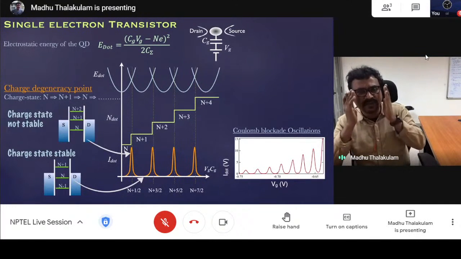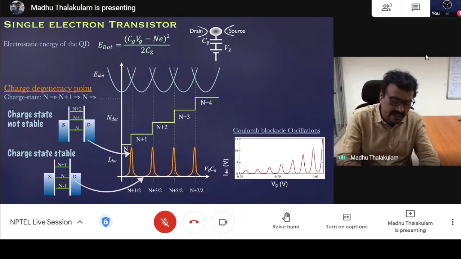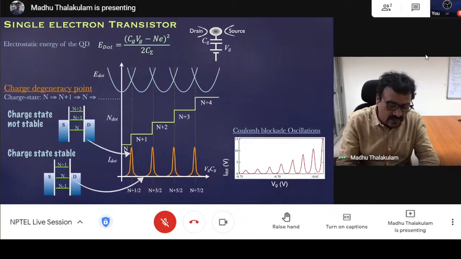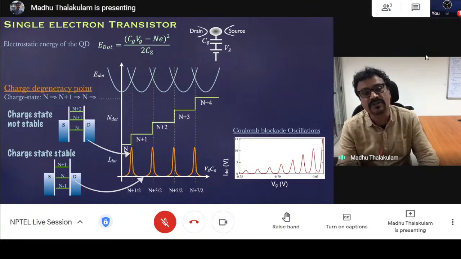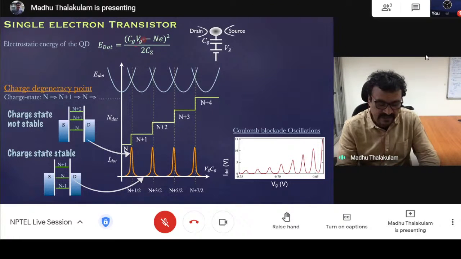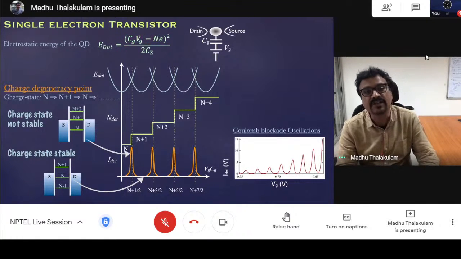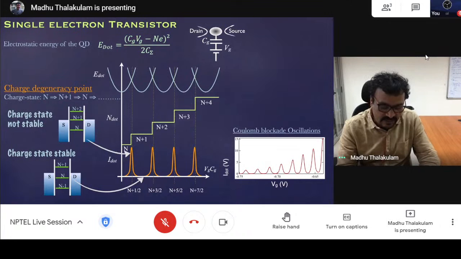Now let's look at the electrostatics. The total energy of the dot has two parts. Number one, it is the energy because of the gate voltages on the dot, that is CGVG. CG, this also has the dimension of charge, CGVG. Then you also have a discrete part.